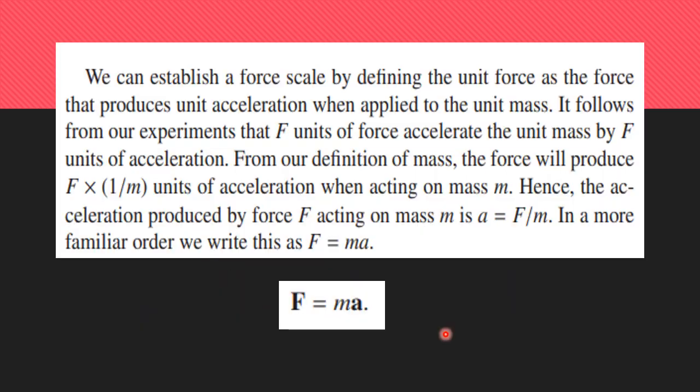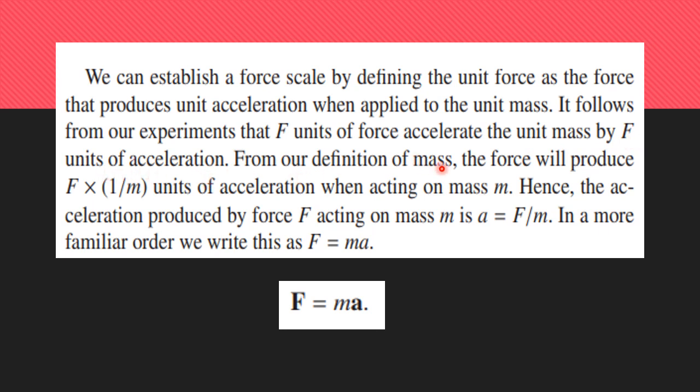Now we can establish a force scale by defining the unit of force as the force that produces unit acceleration when applied to the unit mass. It follows from our experiments that F units of force accelerates the unit mass by F units of acceleration.